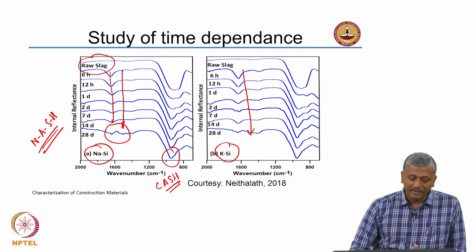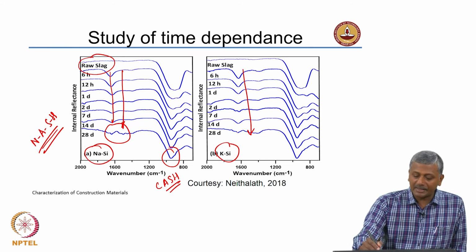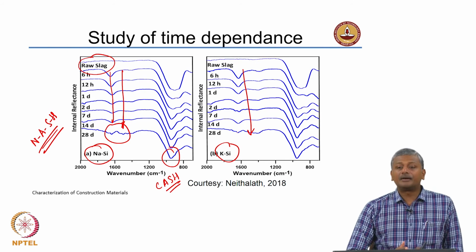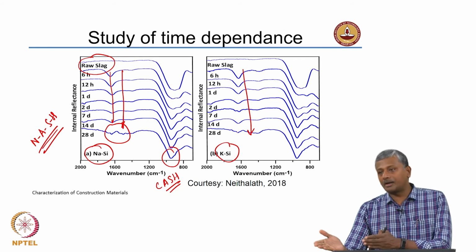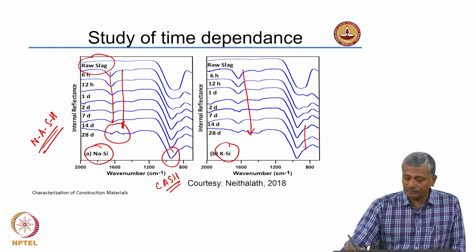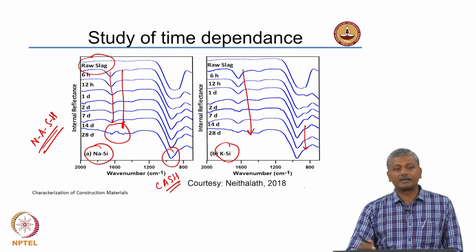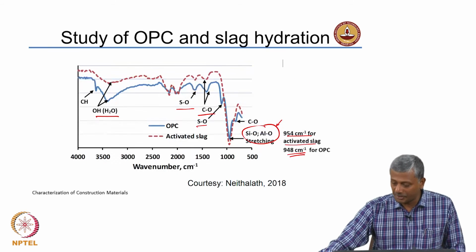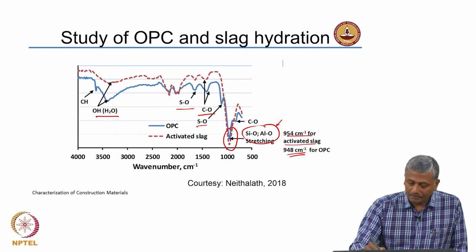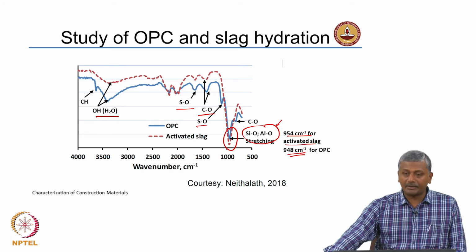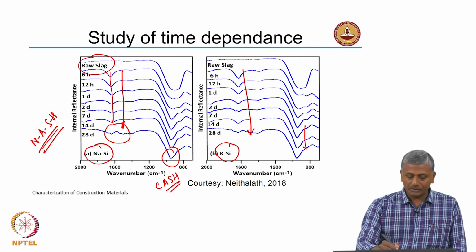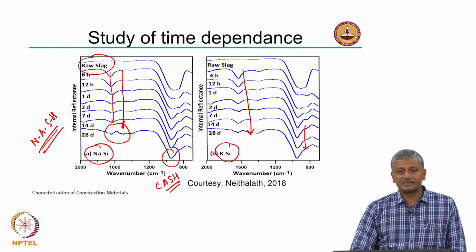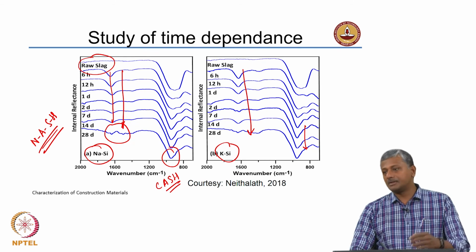So, in this case your sodium aluminosilicates and potassium aluminosilicates are not really stable in the long run, and the reaction shifts towards the formation of calcium aluminosilicate hydrate, which is indicated by this peak. Once again, if you look at the location of this peak close to 900, that is where this transition is also happening. Okay. That is the same peak which we saw in the previous picture.